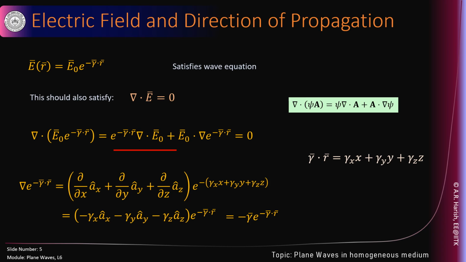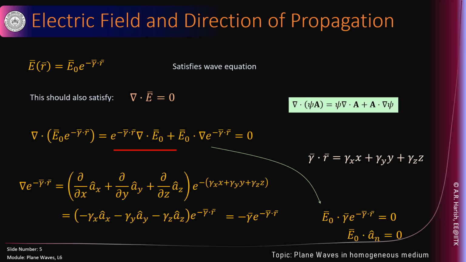Now we are ready to understand the meaning of del dot E. So del dot E equal to 0 reduces to E naught dot gamma bar e to the power of minus gamma dot r equal to 0. And what is gamma bar? Gamma bar is an cap times gamma. Therefore, E naught dot an cap equal to 0. What is an cap?